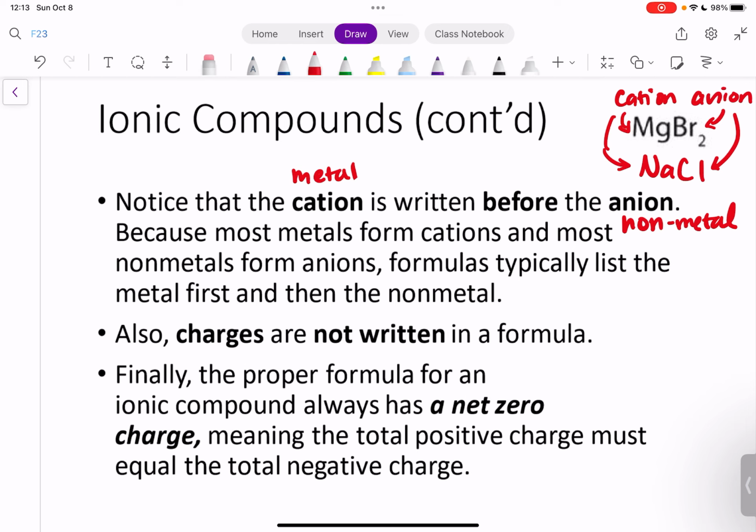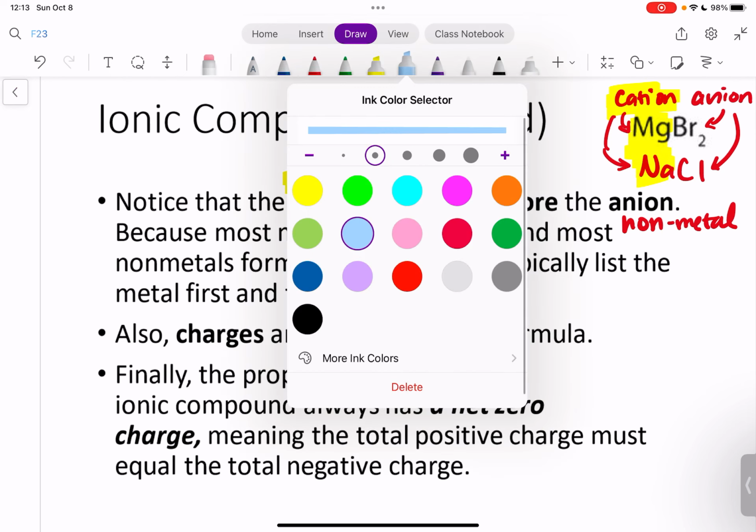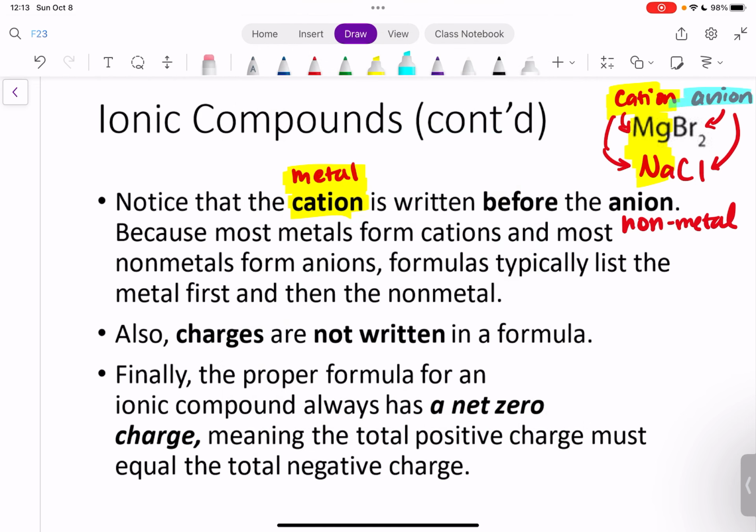Cation plus anion. And let's actually color code that a little bit. We'll put the cations in yellow, and we'll go with bright blue for our anions. Okay.